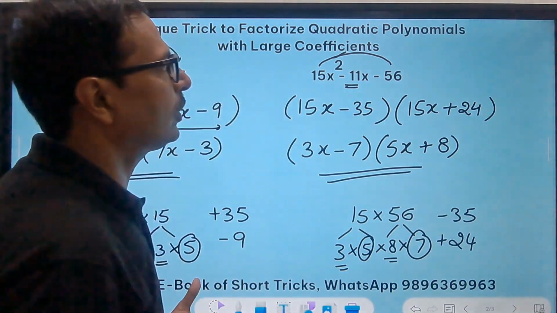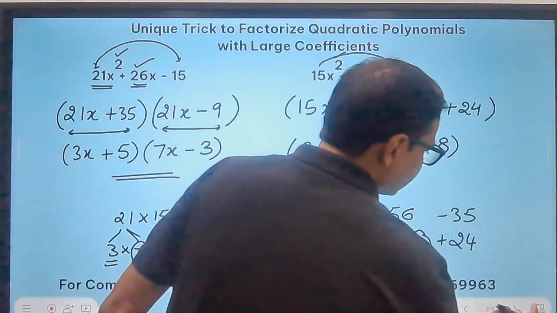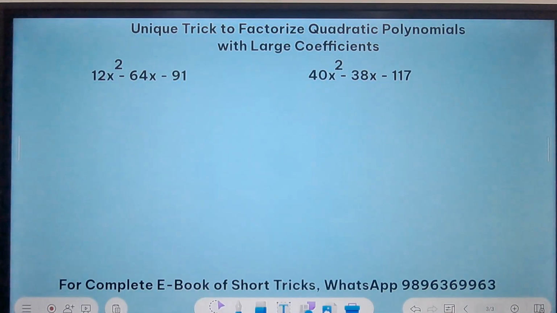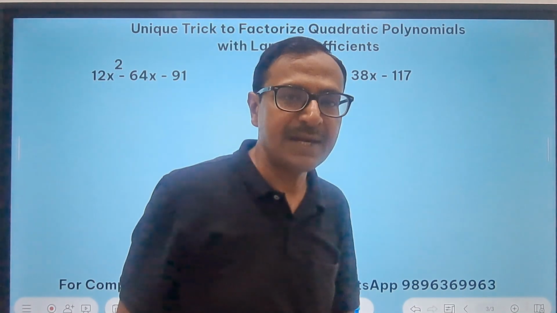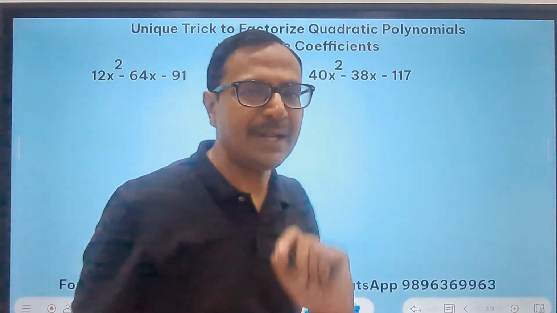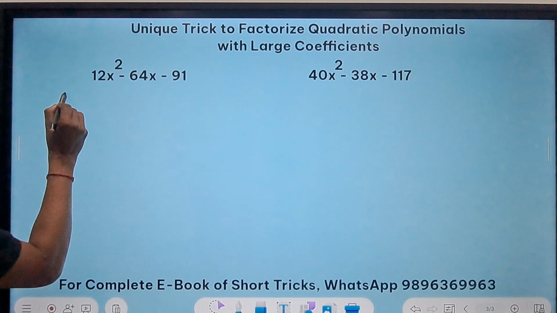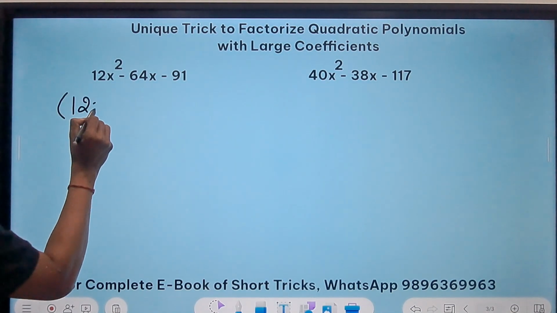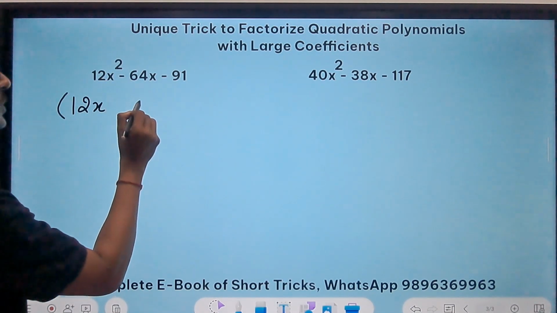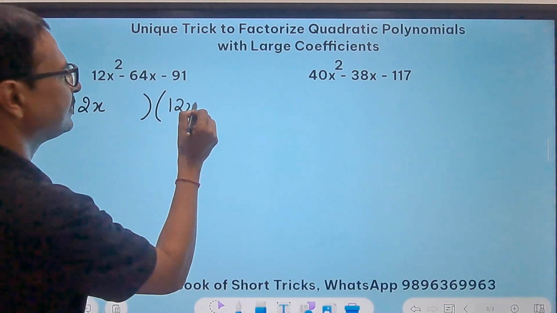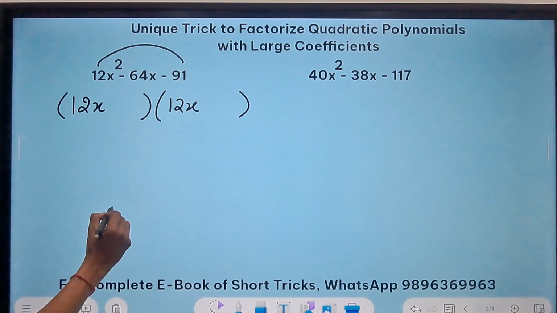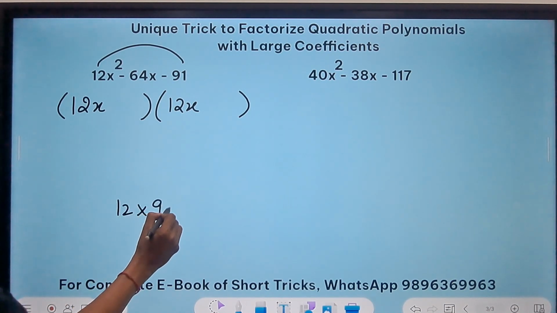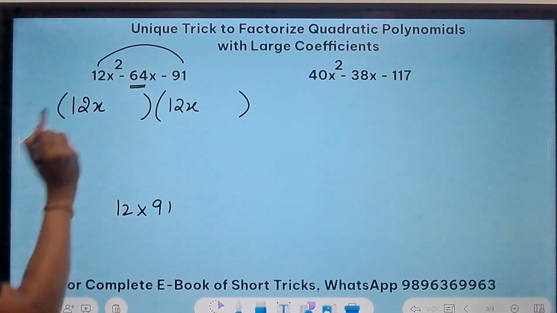Likewise, we can go on and solve so many different problems. I have taken two more problems here. You can see we have a 91 here and a 117 here, and still the method works well. Let's check. So I'll be little quicker now. 12x, because I have to remove the square, and then 12x in the second bracket also. Now 12 times 91 is, I don't want to multiply these, I want to get a 64, right?